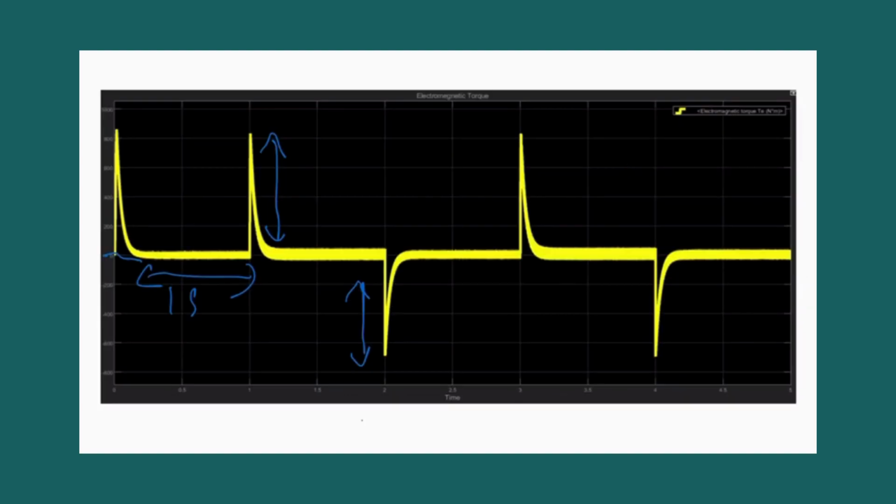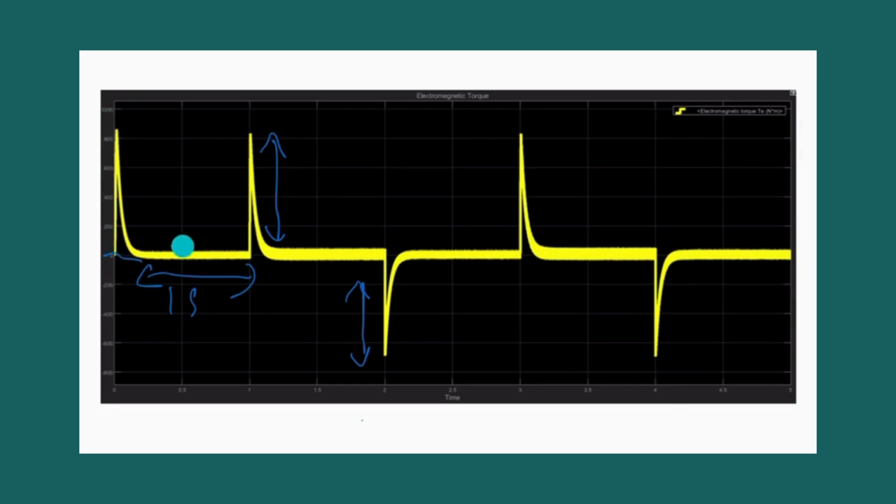For our torque graph, we can see that the torque first starts from 0 and goes up to about 900 newton meters almost instantly, indicating there's no lag in the torque.